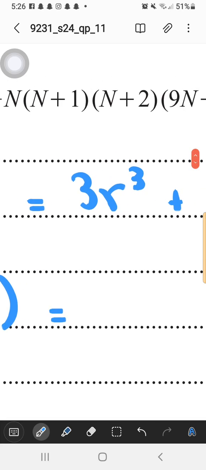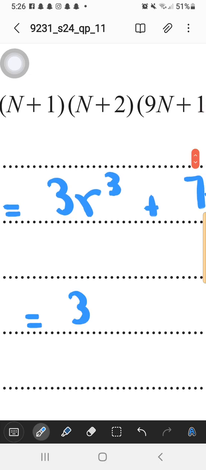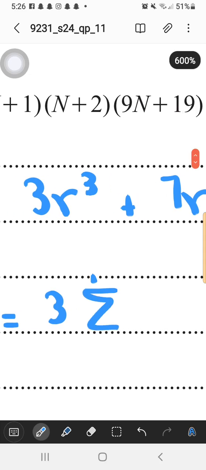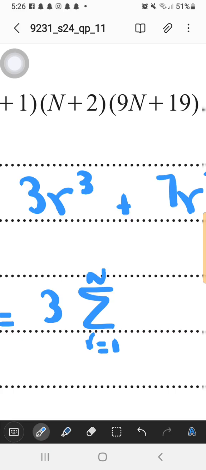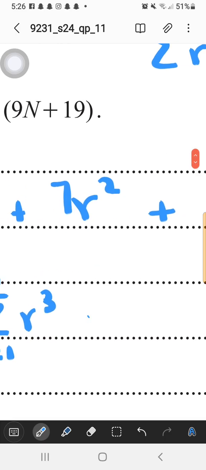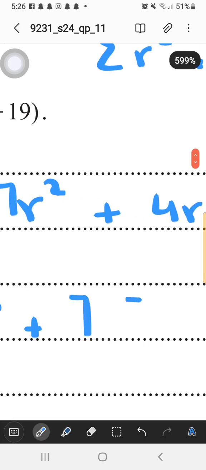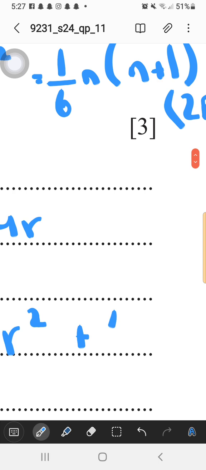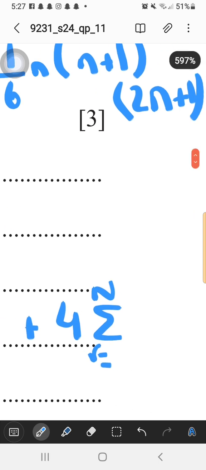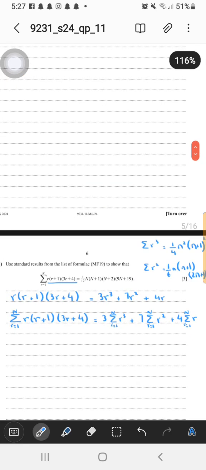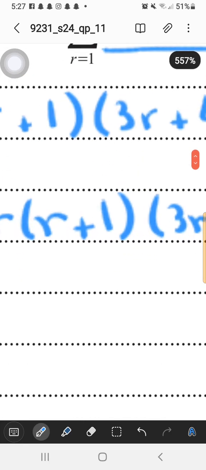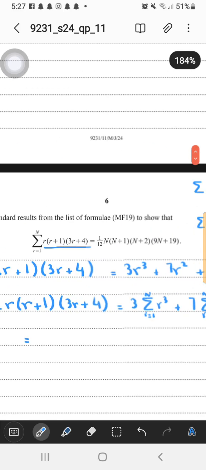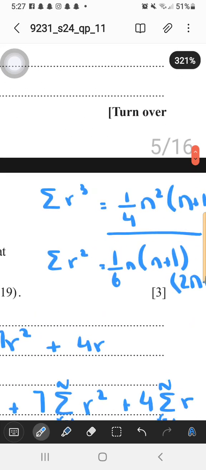We can write this as 3 times the summation from r equal to 1 to n of r cubed, plus 7 times the summation of r square, plus 4 times the summation of r. Let's replace the summation of r cubed with the formula given in MF19.